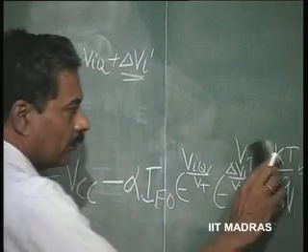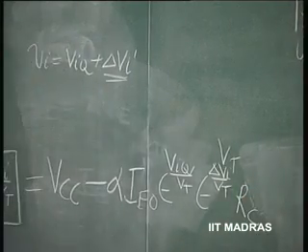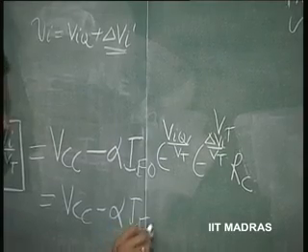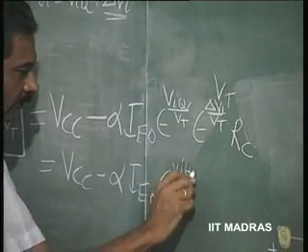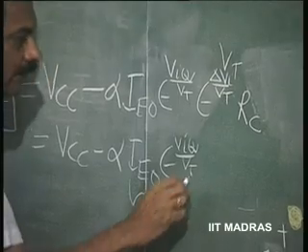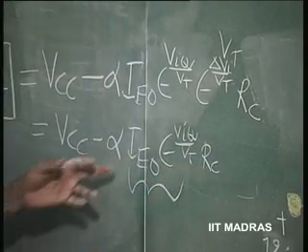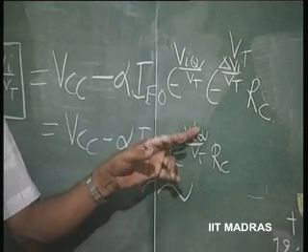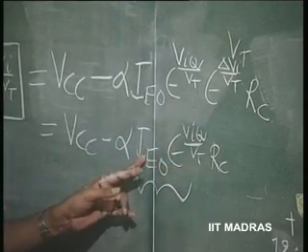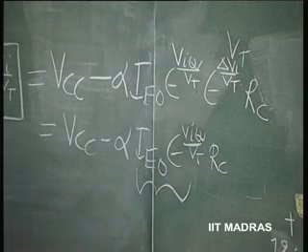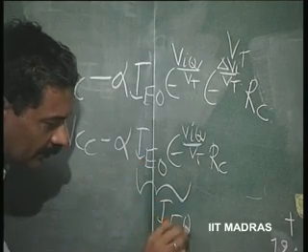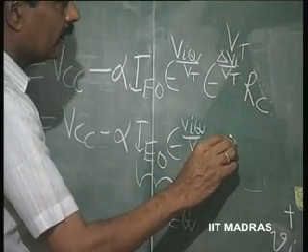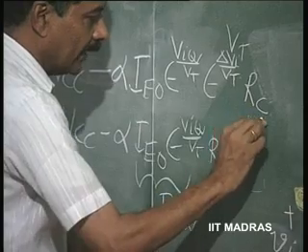So, this is equal to VCC minus alpha IE naught exponent VIQ by VT. What is this? IE naught exponent VIQ by VT is the same as IE naught exponent VBEQ by VT. This is nothing but IEQ, right. So, this is nothing but the quiescent emitter current. This into RC into exponent delta VI by VT.